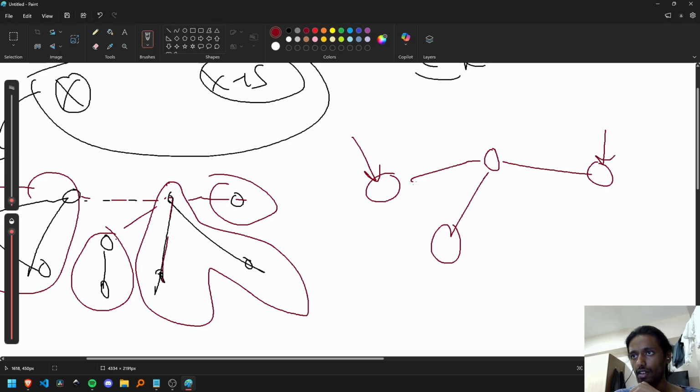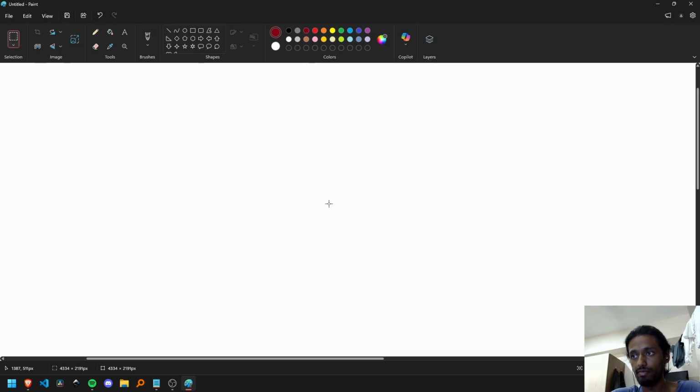BFS will obviously find the shortest path, right? And if the distance, which is now measured in heavy edges since only the heavy edges are remaining, is greater than k, then that means the threshold we chose was too small, and the binary search will go back. So this was my implementation.